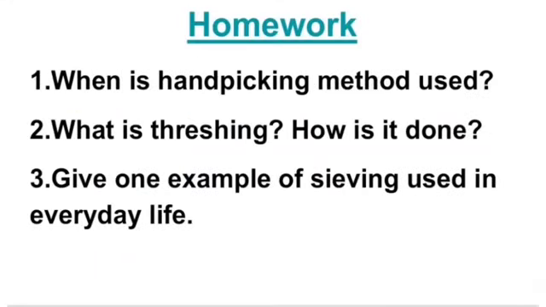So students, your today's homework is question number 1. When is the hand picking method used? Second question, what is threshing? How is it done?